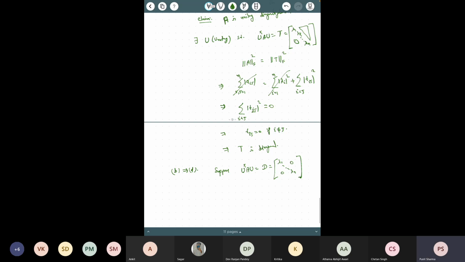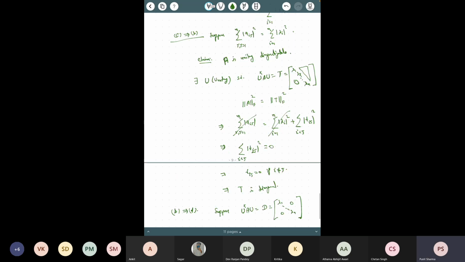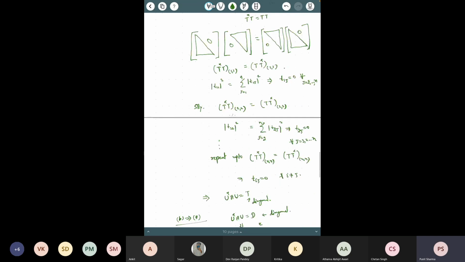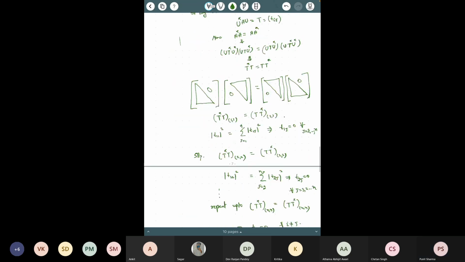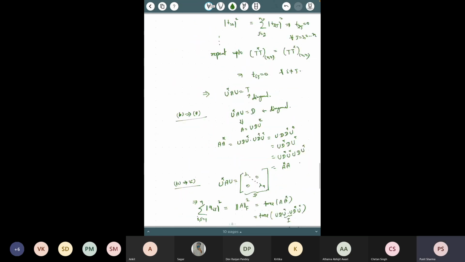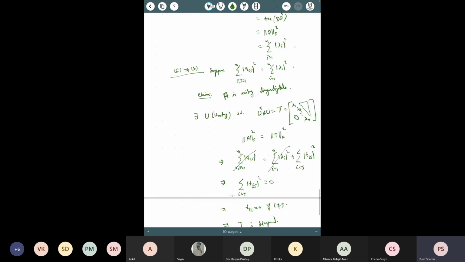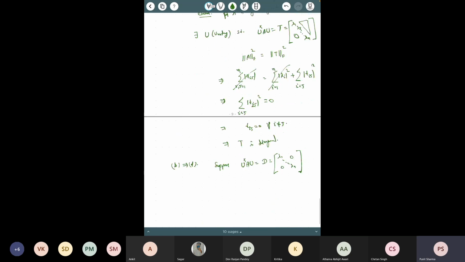We have to show D, that there is an orthonormal set of n eigenvectors of A. So how to prove that there would be an orthonormal set of n eigenvectors of A from here?